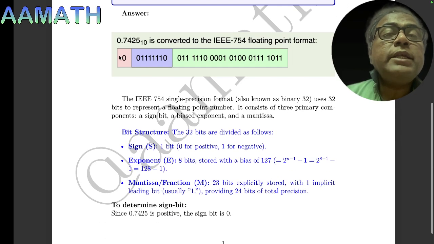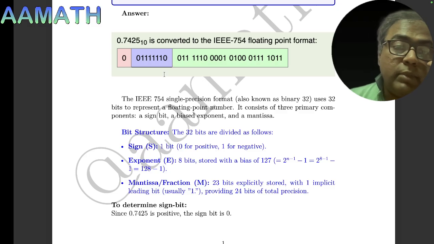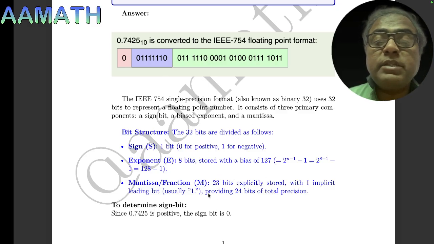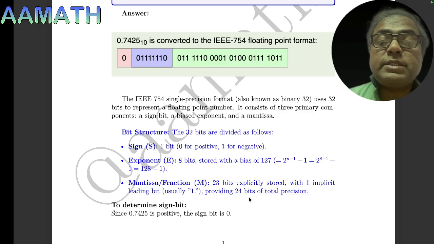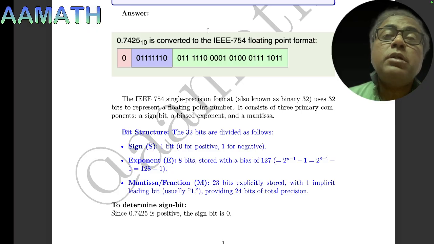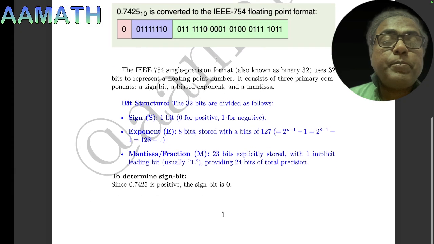This is the sign bit S, this is the biased exponent of 8 bits, and this is the mantissa fraction part of 23 bits with one implicit leading bit. Actually, this integer part 1 is implicit, concealed, and only these 23 bits are explicitly stored for the fraction part.